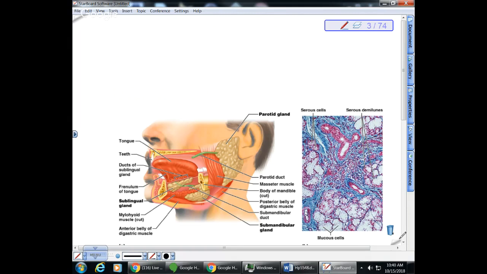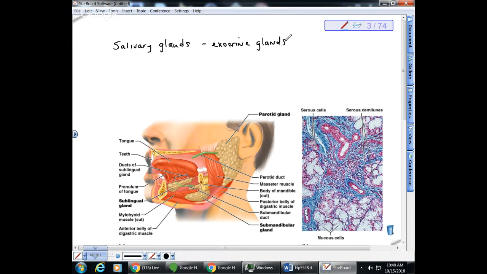Okay. So the other things that you'll notice within the oral cavity and associated with the oral cavity are the salivary glands. The salivary glands are examples of exocrine glands instead of endocrine, right?